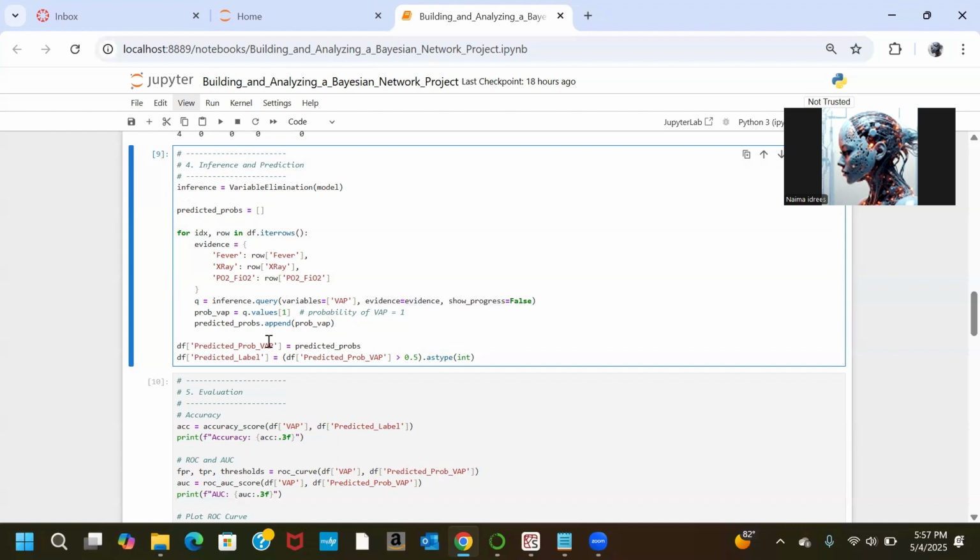But before storing into the data frame, this predicted probability will be in list form. And here this predicted probability VAP contains the inferred probability of the VAP. And the last line demonstrates the binary prediction, where we say that if probability is greater than 0.5, then VAP is considered positive.